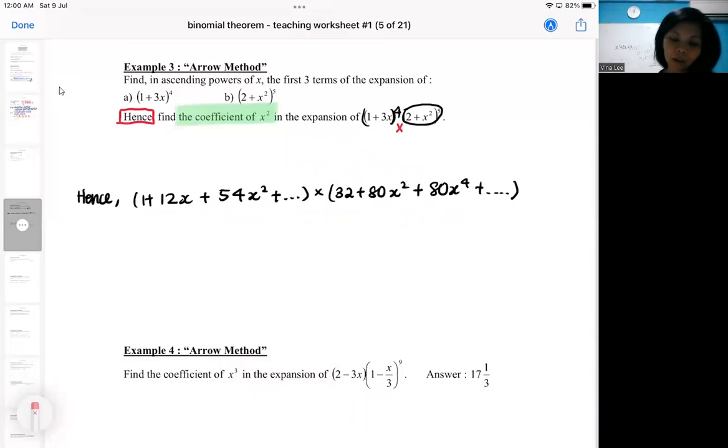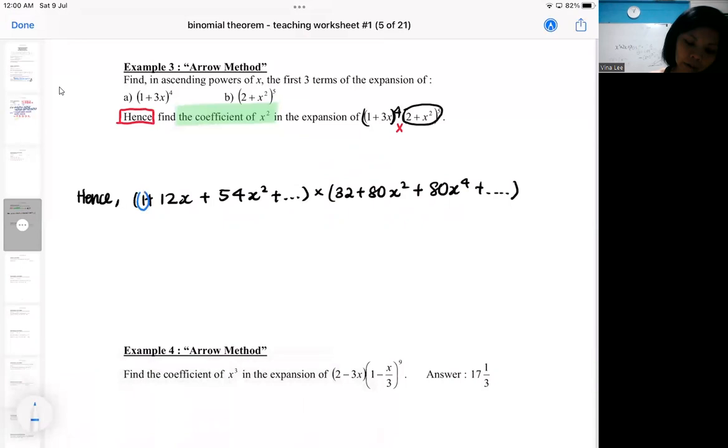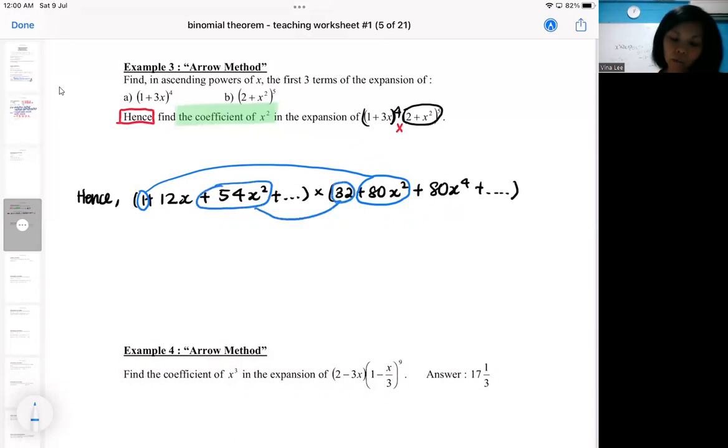So choose the ones that can give you x squared. You narrow down, and this should be giving me an x squared. Then if you narrow down, this and 32 will also give me an x squared. So out of the 9 arrows, there are only 2 arrows that can give you x squared.